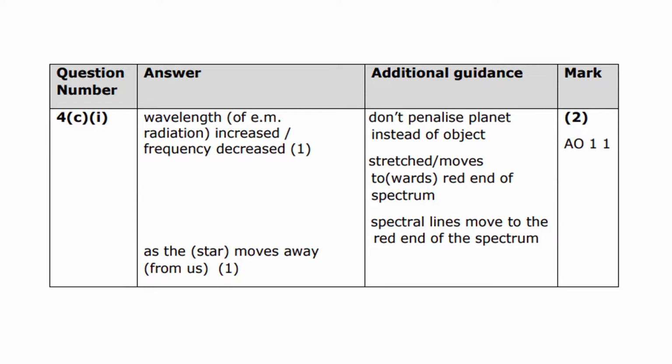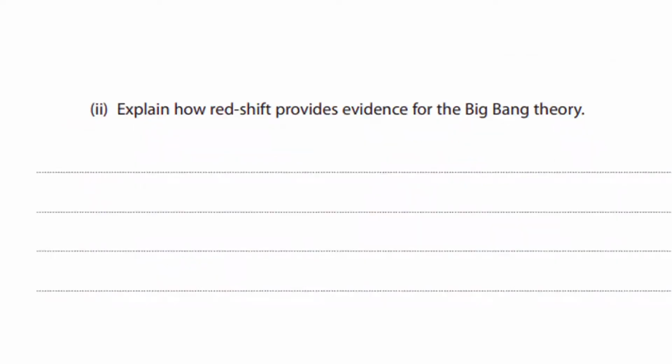I think any object would have been okay. So redshift is the increased wavelength of EM radiation as the object, star, planet or galaxy, moves away from us. So there are two points we made there.